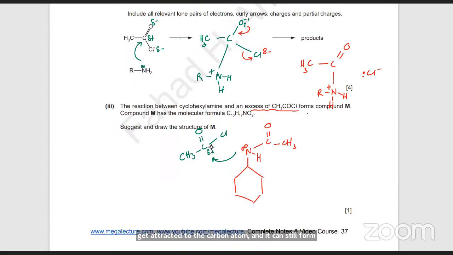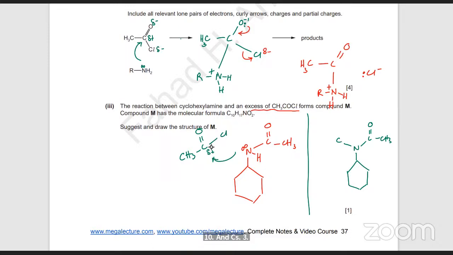So the product of this reaction will be: you have an N which is bonded to C=O and CH3, and you have another N which is again bonded to C=O and CH3. That's 2 carbons over here, 2 over here, that's 10 carbons. How many H's? That's 2 over here, 2 over here.